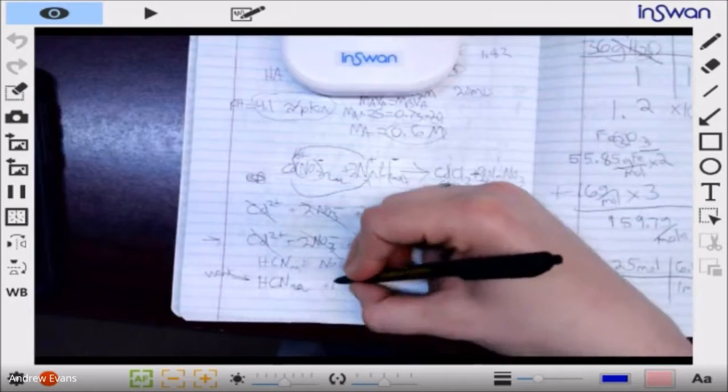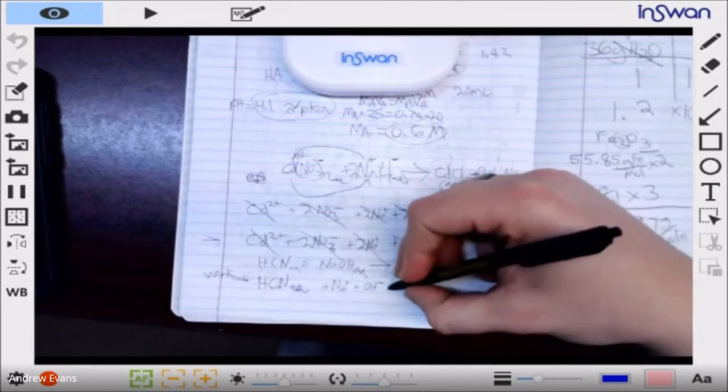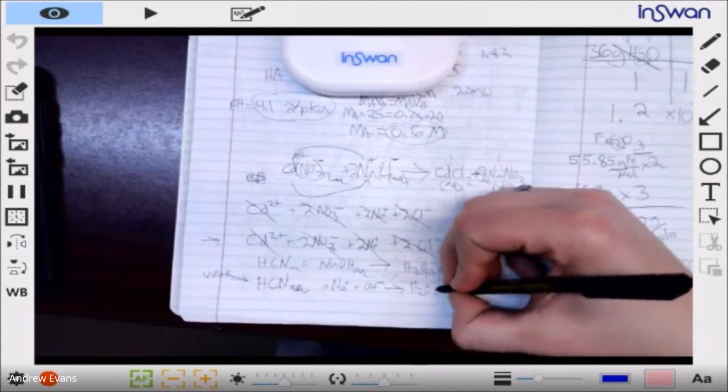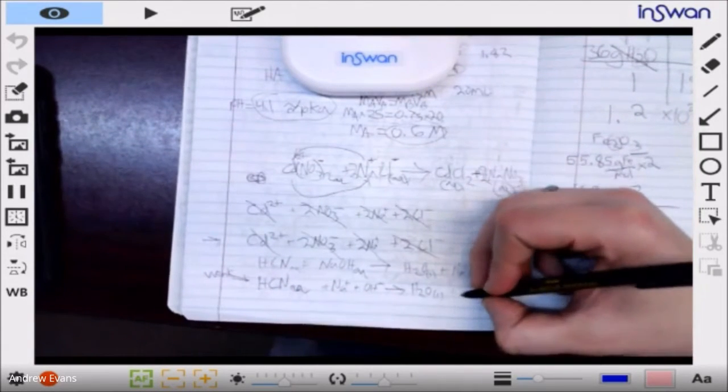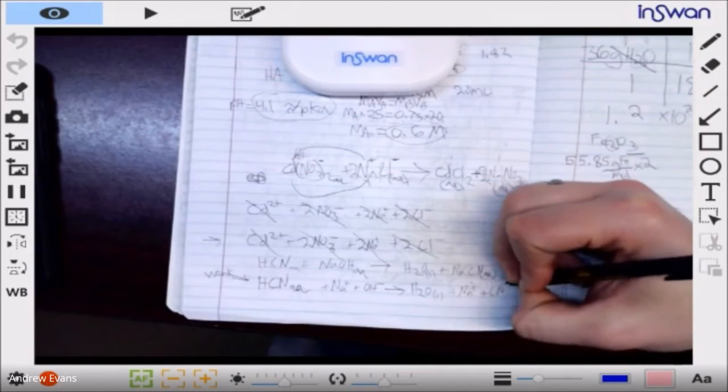But this guy splits up into Na plus and OH minus because it's a strong base. Water, because it's a liquid, stays together. And we get Na plus and CN minus.